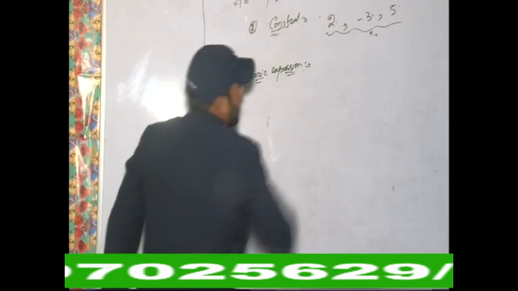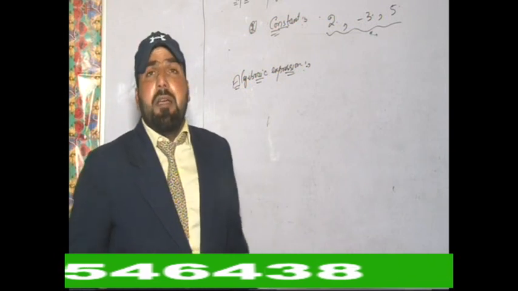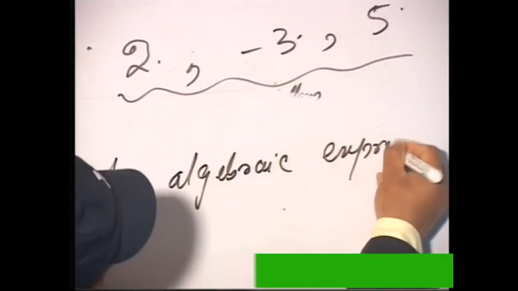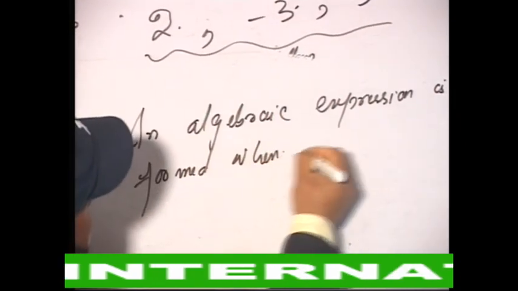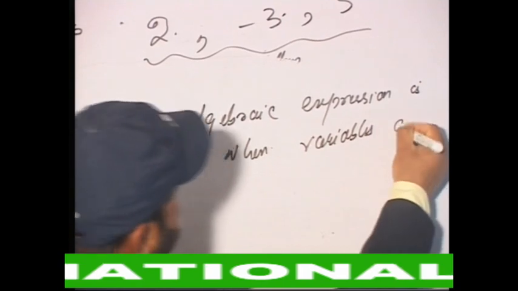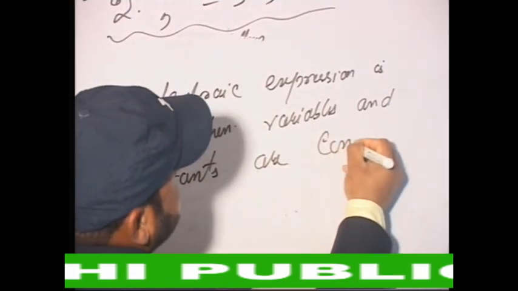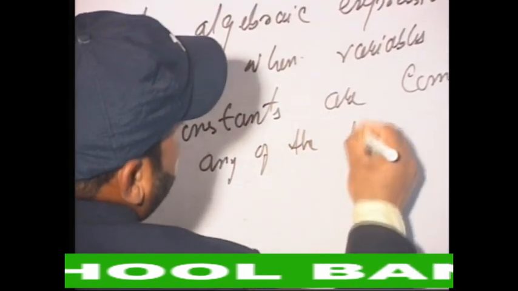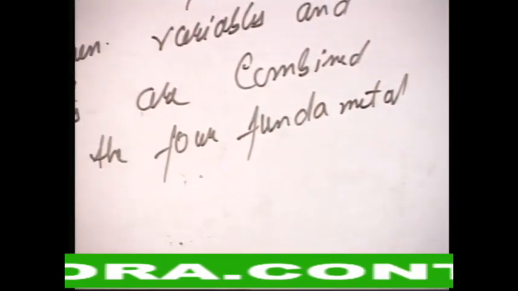What is an algebraic expression? An algebraic expression is formed when variables and constants are combined by any of the four fundamental operations.